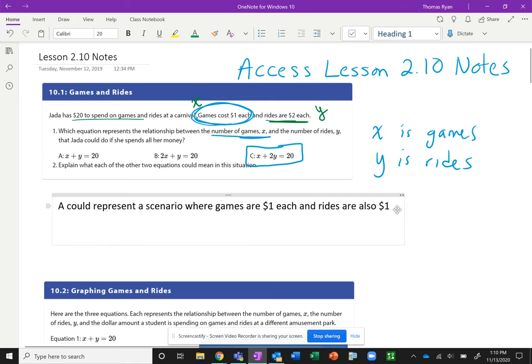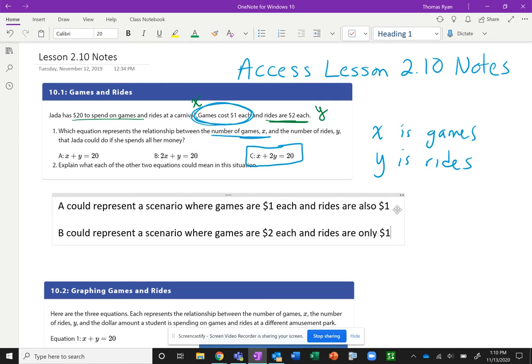And then B could represent a scenario where games are $2 each and rides are only $1. So there's just a little difference there, but we need to make sure that we're putting the correct numbers in front of the proper variables.